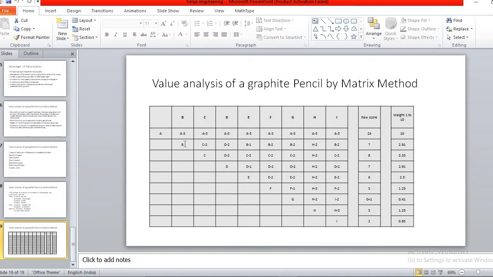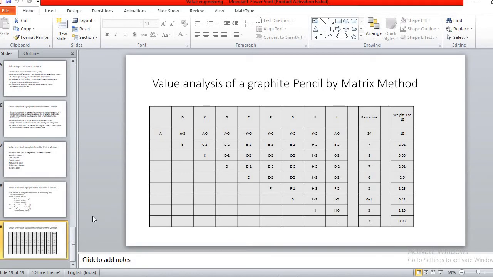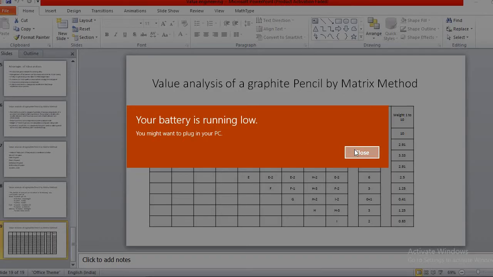D is given importance with respect to B as D2. Again for E, between E and B, E is protect hand and B is provide grip. Between these two functions, importance is given to B, and on the scale 1 to 3 it is given as 1 importance.